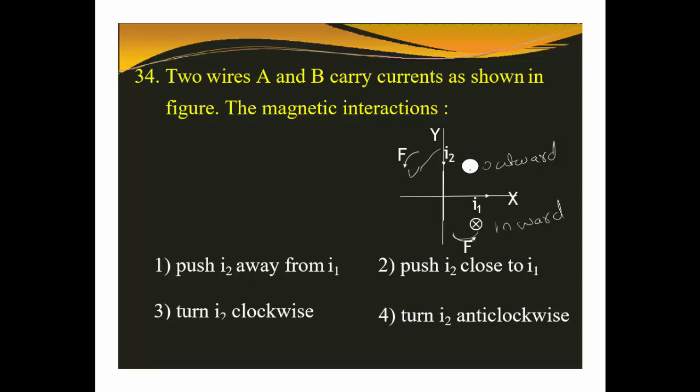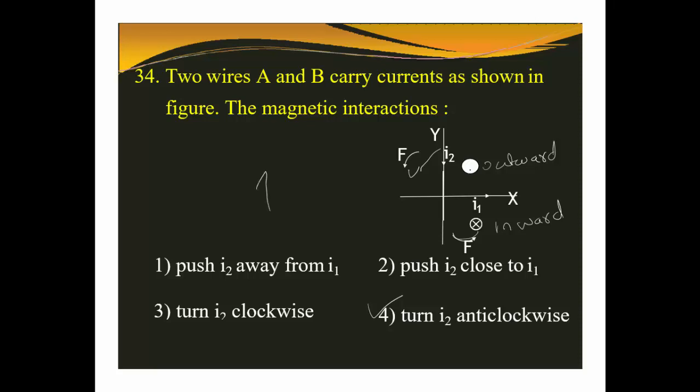How do we get all this? Using Fleming's left hand rule, with magnetic field, current and thumb. By Fleming's left hand rule, the I2 conductor moves like this, which means it will move anti-clockwise. So turn I2 in the anti-clockwise direction. For this you must know Fleming's left hand rule.